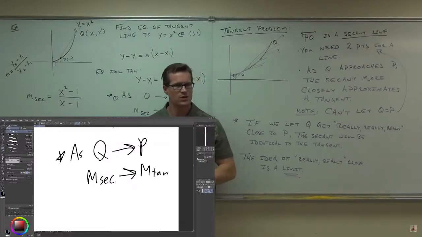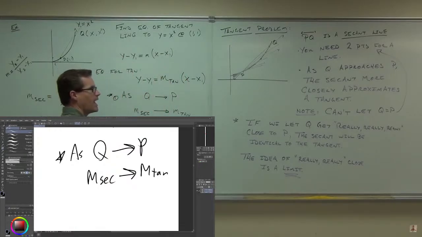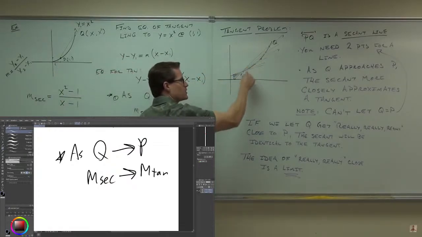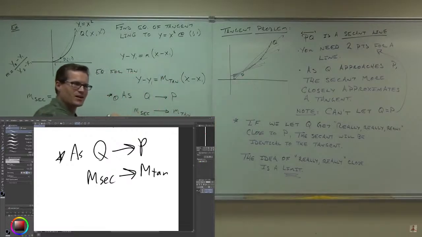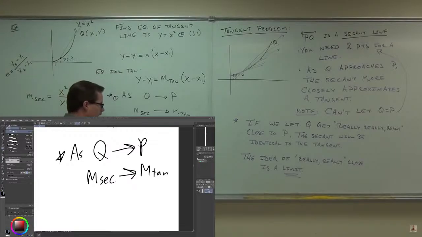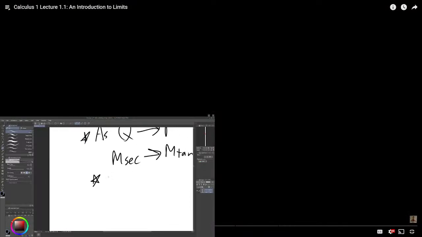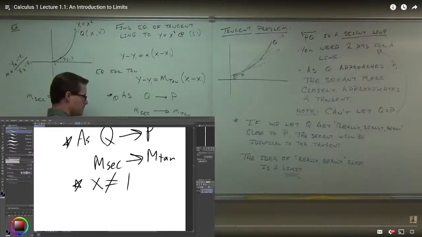Isn't that an issue? This is the reason why you cannot have the point getting, listen, you can't get Q close to P because if you plug in 1, it's undefined. That means that you have the same point. So you can't let x equal 1, that's big time. So x cannot equal 1, or else it's undefined. It's kind of crazy.